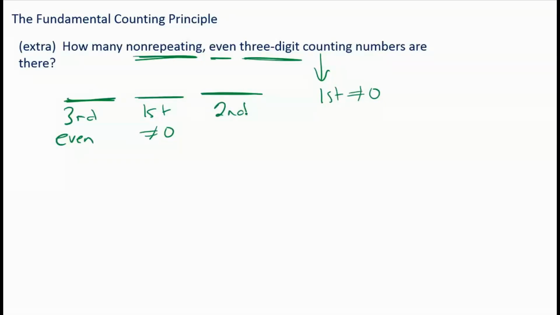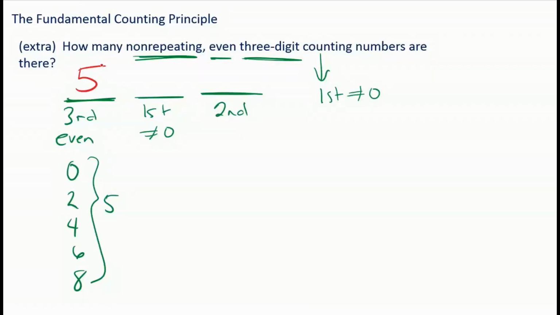So if we're going to pick the third number first, it's an even number, so it can be 0, 2, 4, 6, or 8. How many choices is that? That's 5 choices. So in that spot I put a 5 to represent the 5 possibilities for my third number. If I'm counting even numbers, it can only end in 0, 2, 4, 6, 8, and that's it.